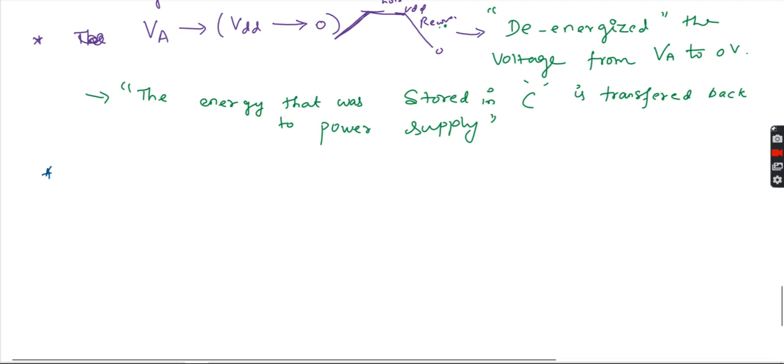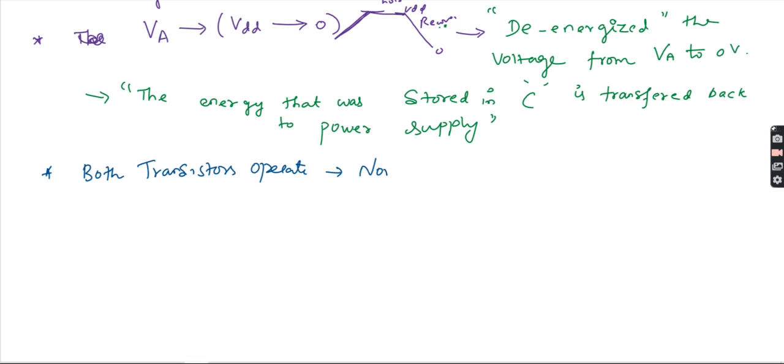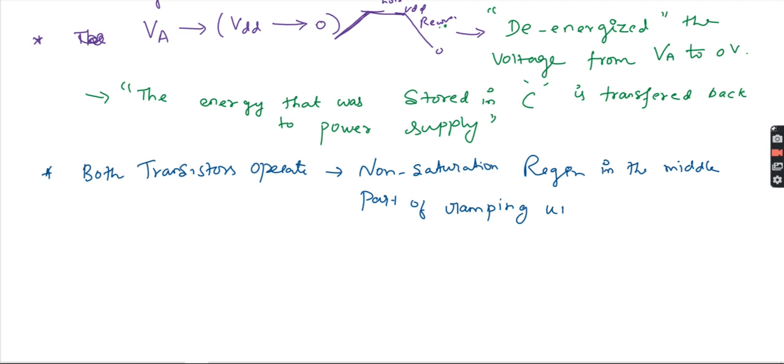Both transistors operate in the non-saturation region in the middle part of the ramp, ramping up and down.